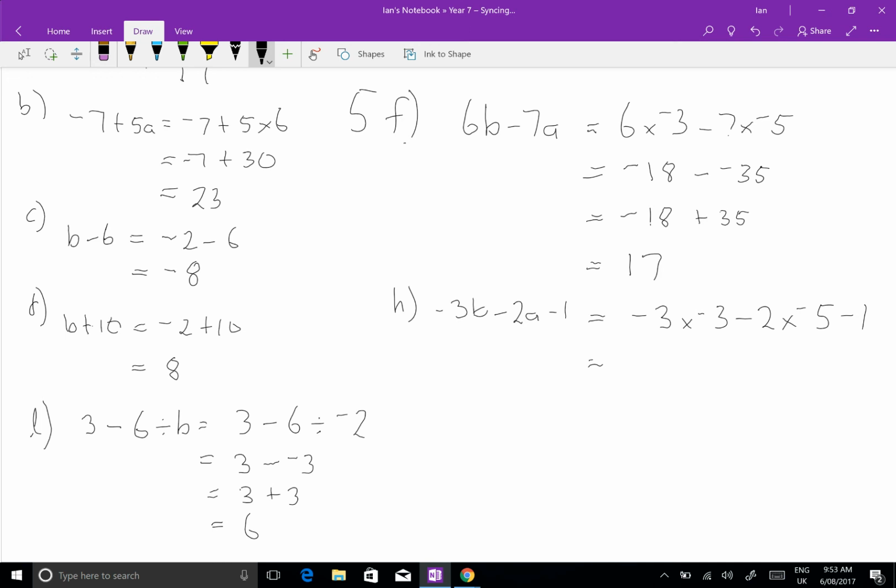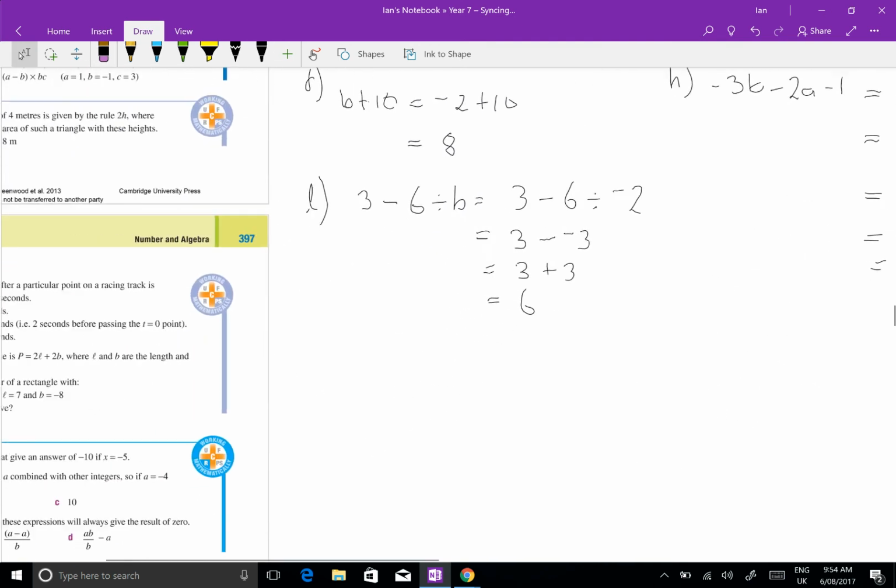Now again, I would suggest using your calculator. I'm going to do it without. Negative 3 times negative 3 is 9. Minus 2 times negative 5 is negative 10. Then I've got minus 1. Remember, the two negatives will make it positive. So 9 plus 10 minus 1. 9 plus 10 is 19 minus 1. I'll get 18.